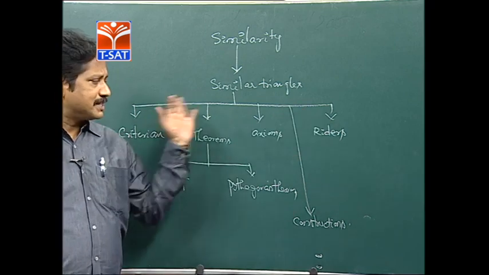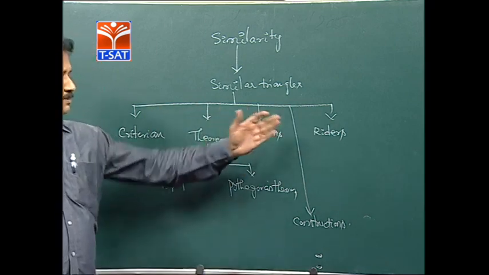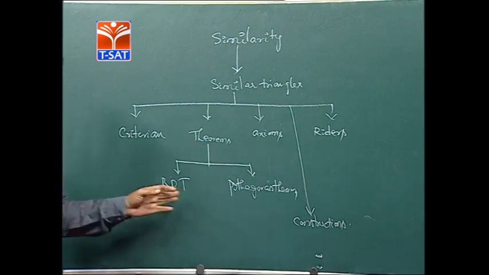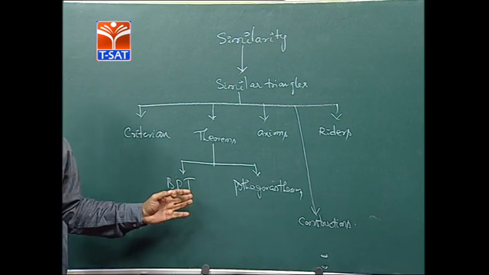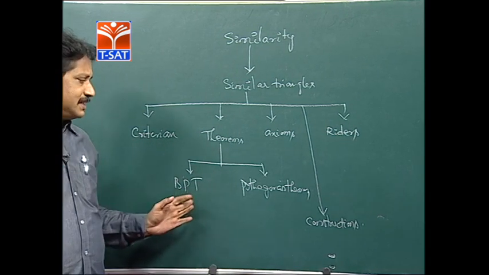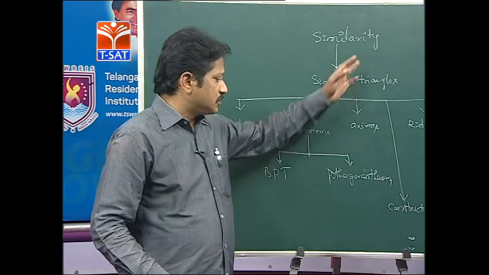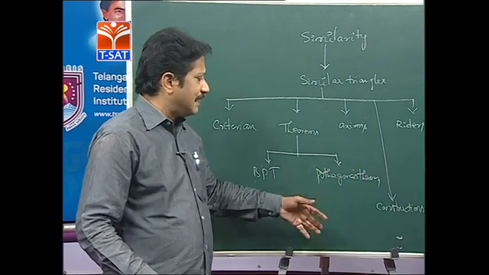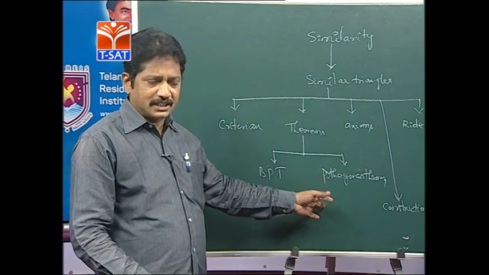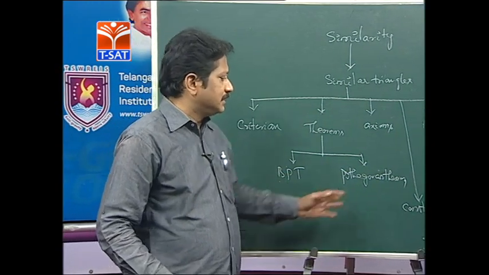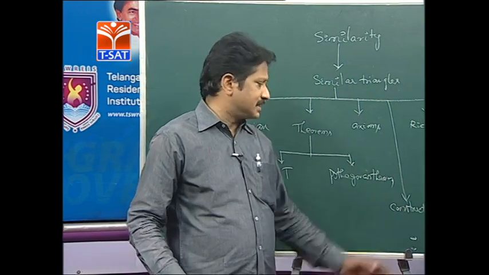And the last one, based on all these, some problems are given in the textbook, which we call riders. The theorems are basically the basic proportionality theorem, which we name Thales theorem, and the other one is called the Pythagoras theorem. In the Pythagoras theorem there are some applications, and basic proportionality theorem applications are also there. Then the last one is construction.